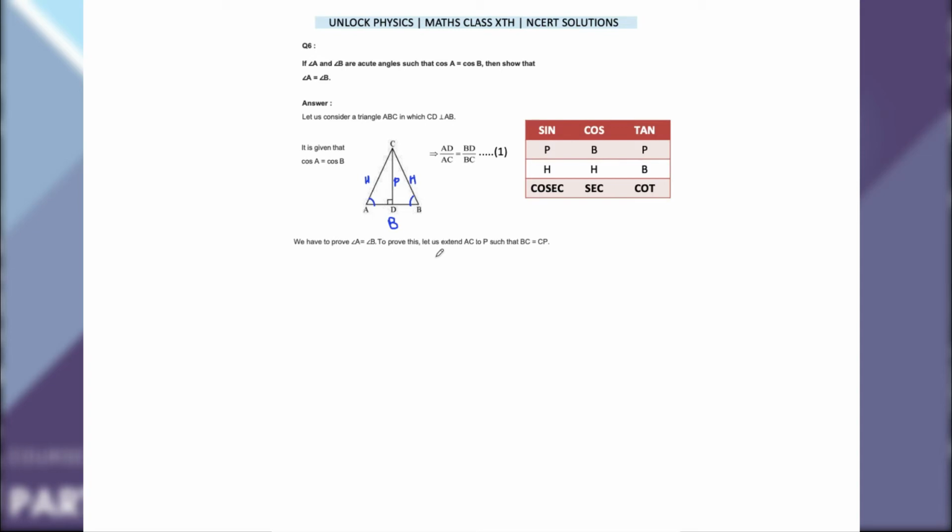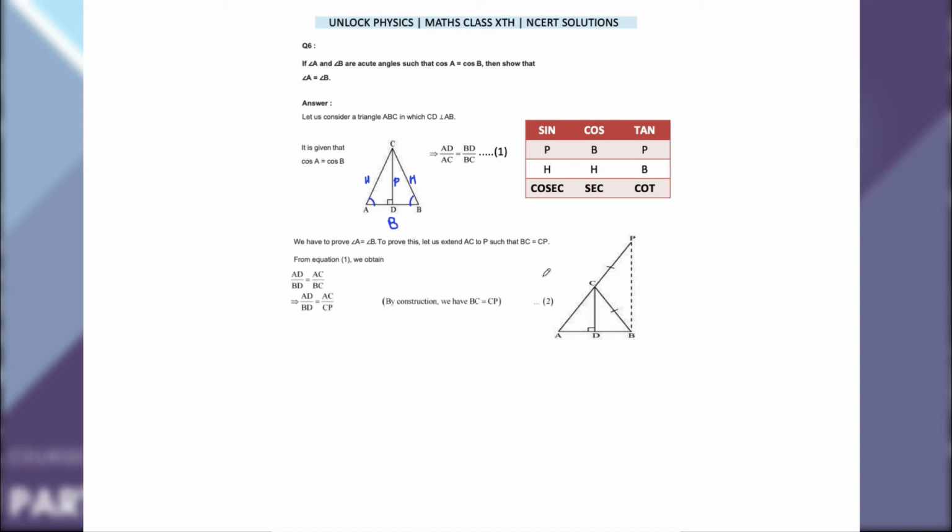Now we have to prove angle A is equal to angle B. To prove this, let us extend AC to P such that BC is equal to CP. So we do a further construction in our triangle. We draw a line from B to P, joining CP such that CB is equal to CP.